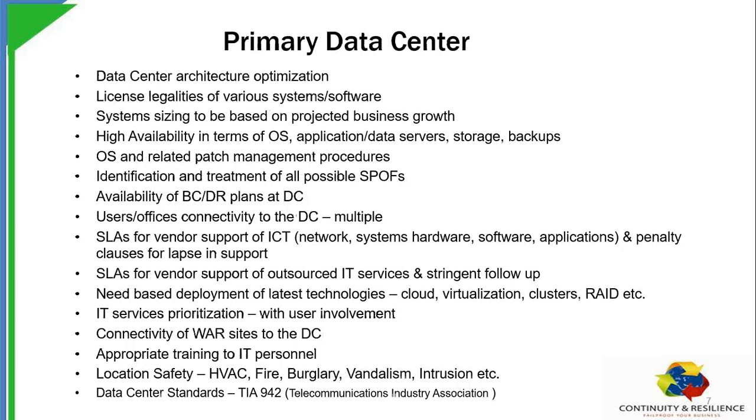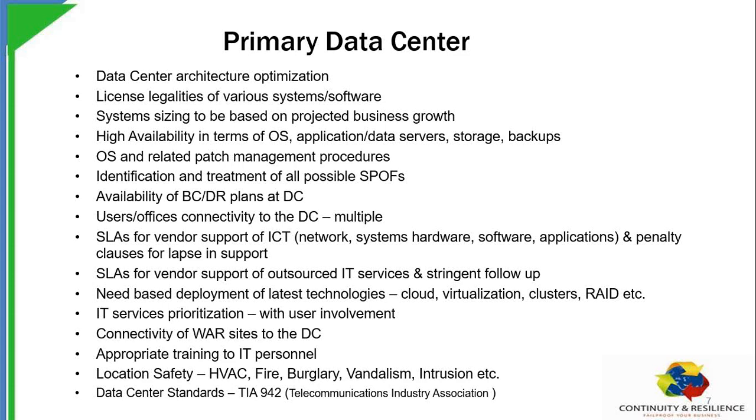The first one is the primary data center. What do you mean by having a primary data center? You will have a data center where you have all the technology equipment: your servers, your routers, all your application servers, all your critical information, critical data, and critical IT infrastructure.